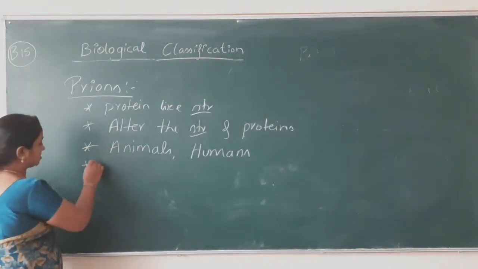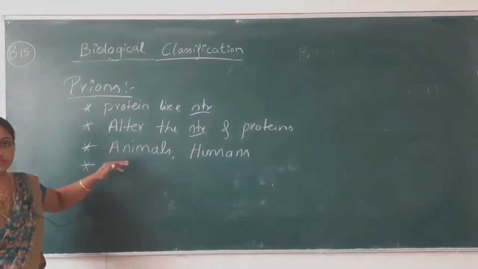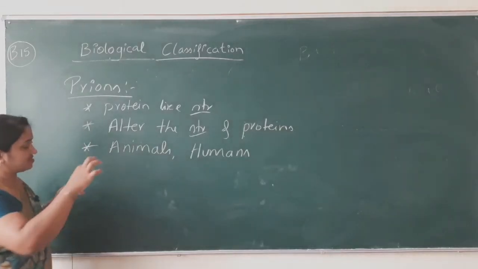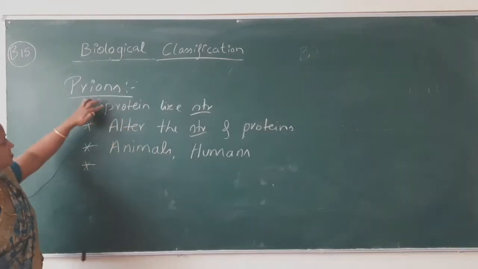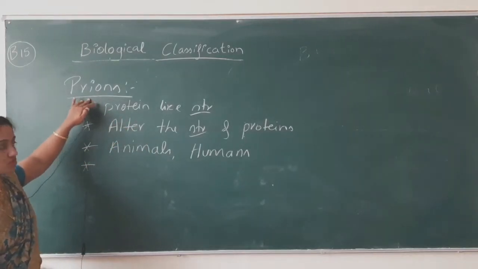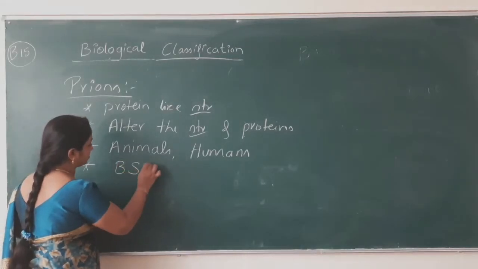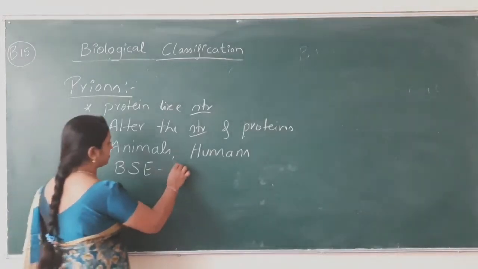Mostly, recently, the cow. Let me write the disease name of the disease infected by this kind of microorganism to the cow. So the disease name is BSE. What does it mean?